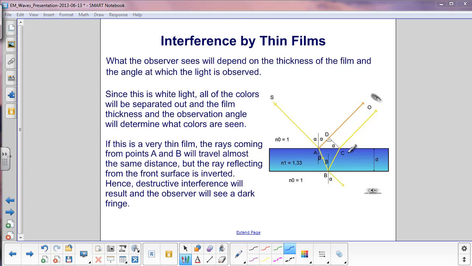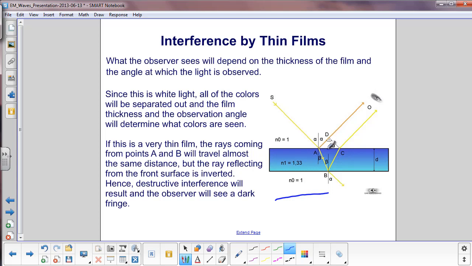Now, if we have a very thin film, where instead of being this thick, maybe it's just like this, the rays coming from point A, which is the partial reflection off the front surface, and from point B, which is the partial reflection off the second surface, will travel almost the same distance because the two surfaces are so close to each other. But, and you don't have to worry about this right now, the ray reflecting from the front surface is inverted.